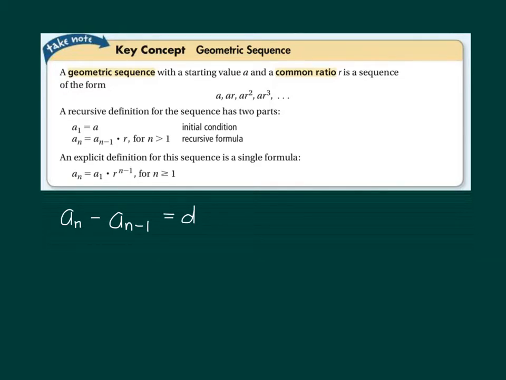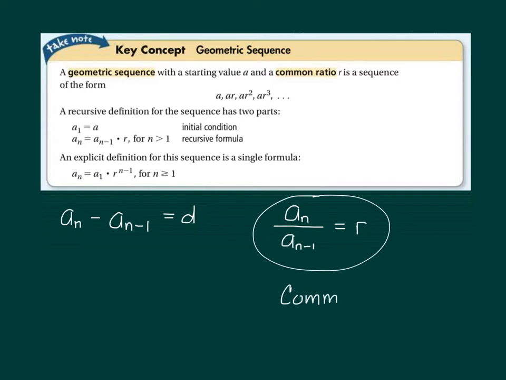Whereas in a geometric sequence, if you take any term in the sequence and divide by the term right before it, you are going to get r, and we call this the common ratio. That's why we're multiplying by the same thing each time, but we call this value r the common ratio, ratio meaning divide.